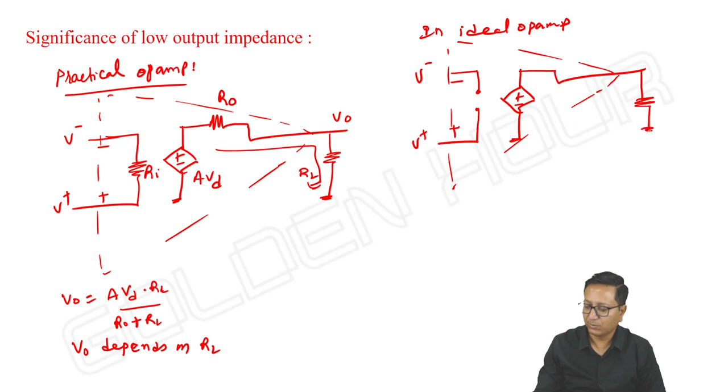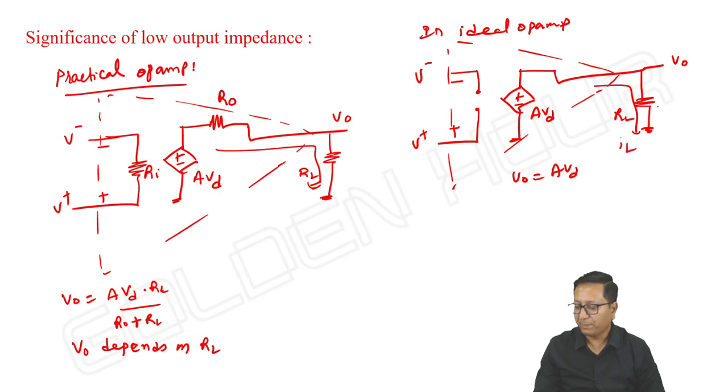you connect the load resistor RL, and V output is always equal to A into Vd. Is it dependent on the load resistor? No. Depending upon RL, IL may vary, but the output does not change.